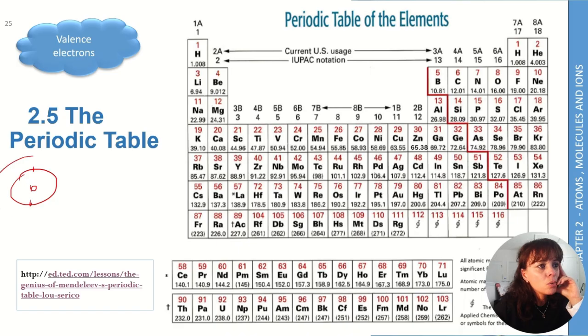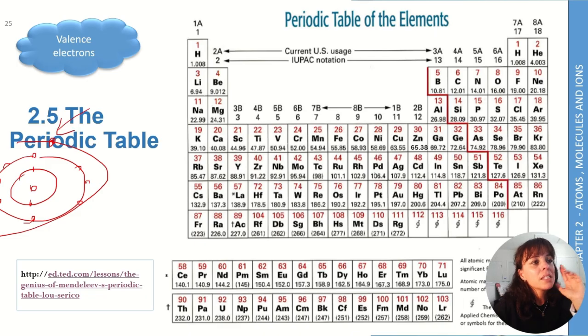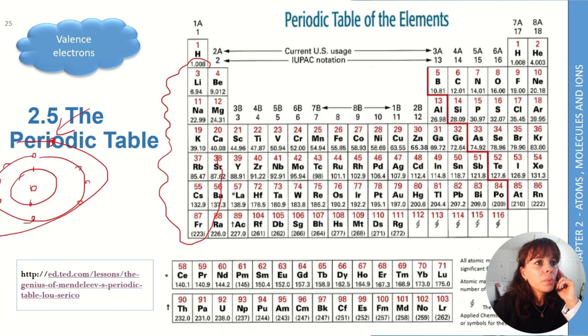For sodium, we have 1, 2, 3, 4, 5, 6, 7, 8, 9, 10, and then one more shell that has only 1 electron. This is the last shell, so the last shell carries 1 electron. So the outermost electrons in this element are 1, and all the elements in the first group have just 1 valence electron.